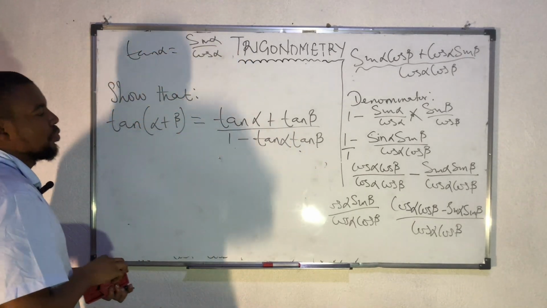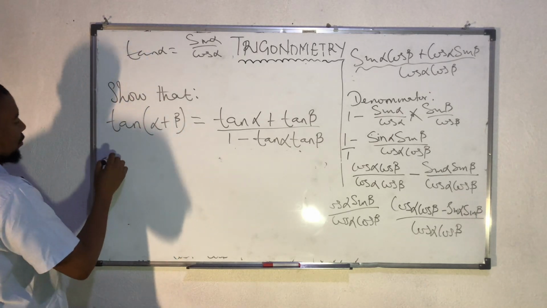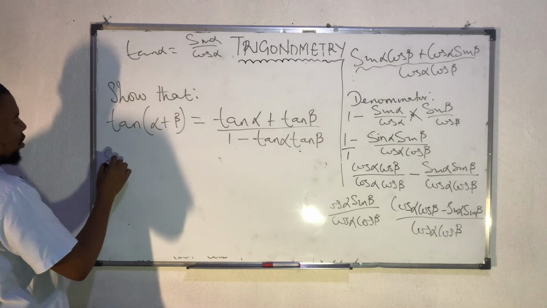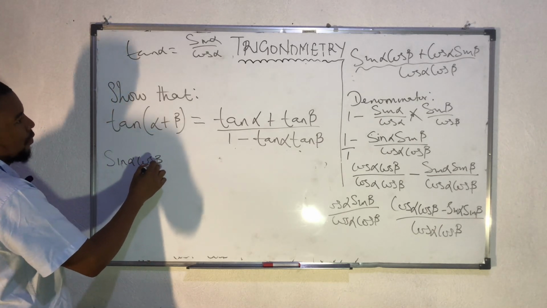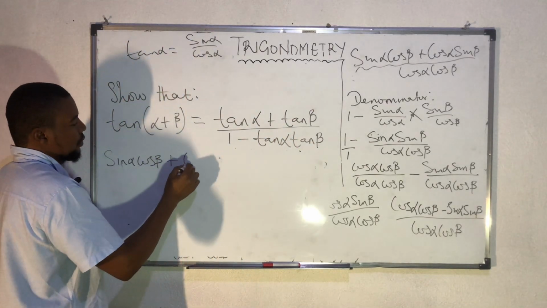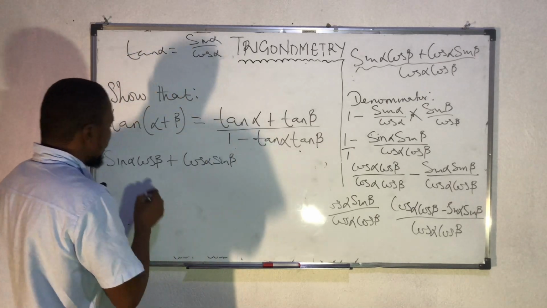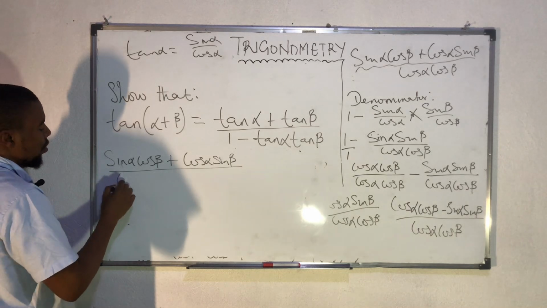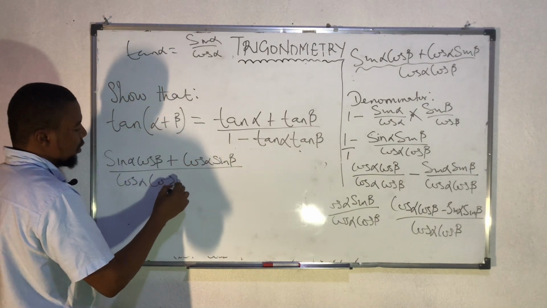I'm going to combine them together at this point for easier simplification. We have our numerator, which is sine alpha cos beta plus cos alpha sine beta over cos alpha cos beta.